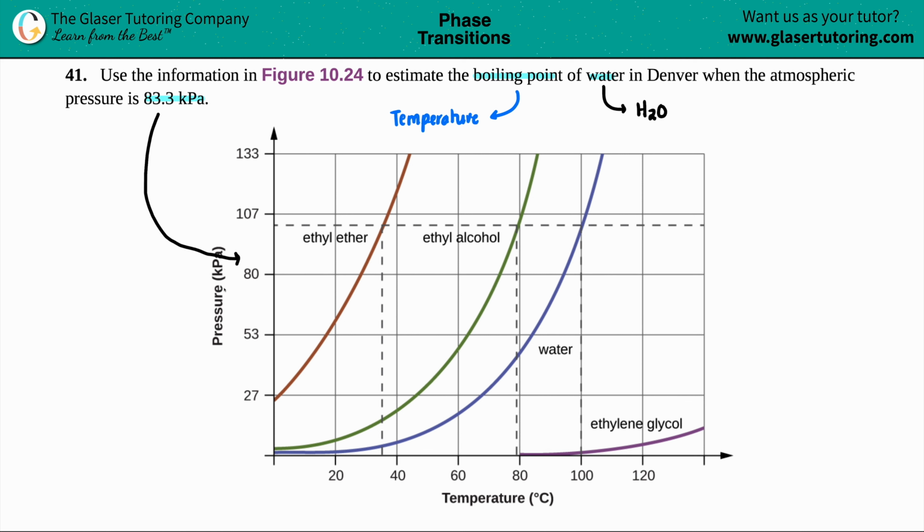I mean, we have to estimate, so let's see. I would say 83 is relatively down here somewhere. So maybe it's right here. Somewhere right here, right? So 83.3 kilopascals.